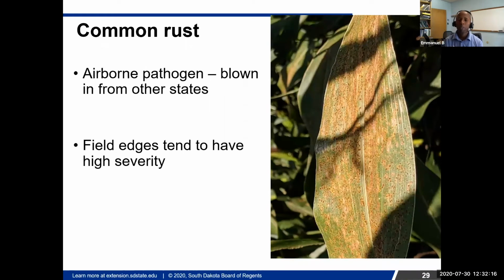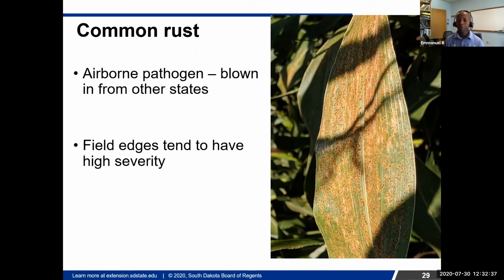Common rust is very common. You'll see it in any field you visit, except for the most part, you will see this level of common rust towards the end of the season. You also see this along the field edges where the inoculum comes in first.